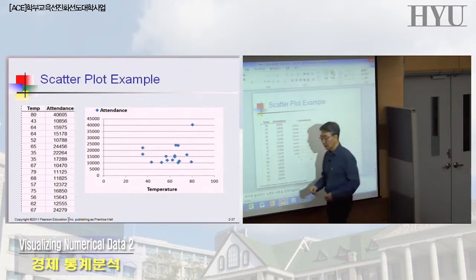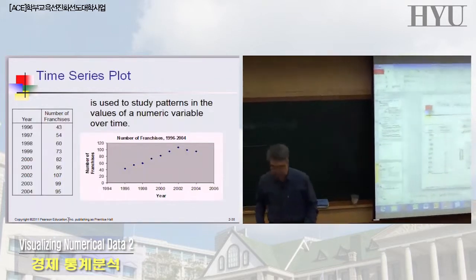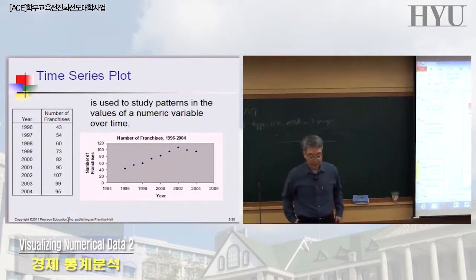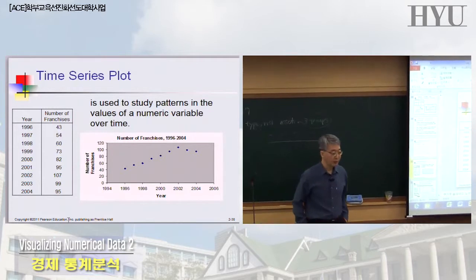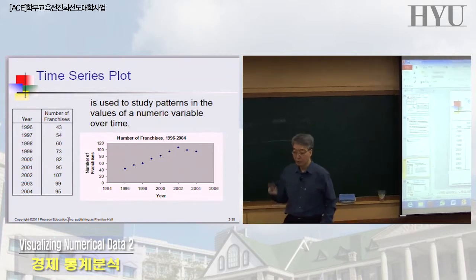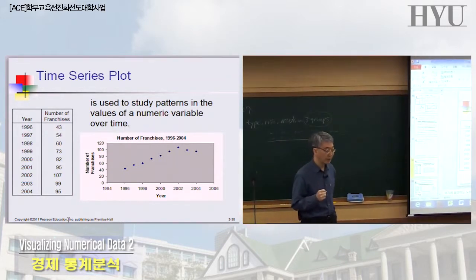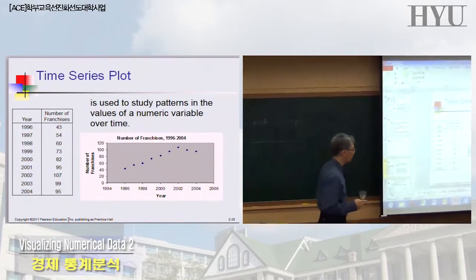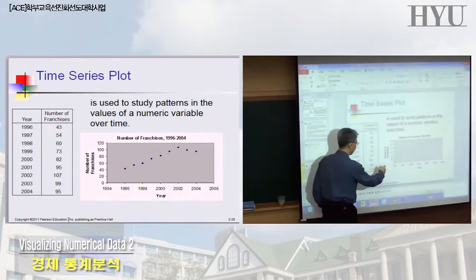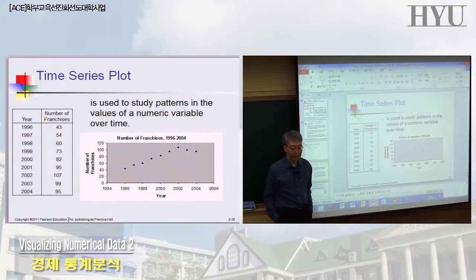The next chart is time series. Time series is pretty similar to a scatter plot, as you see here. Time series also shows the relationship between two variables. But here, the difference is that one variable, specifically the variable on the horizontal axis, is time.